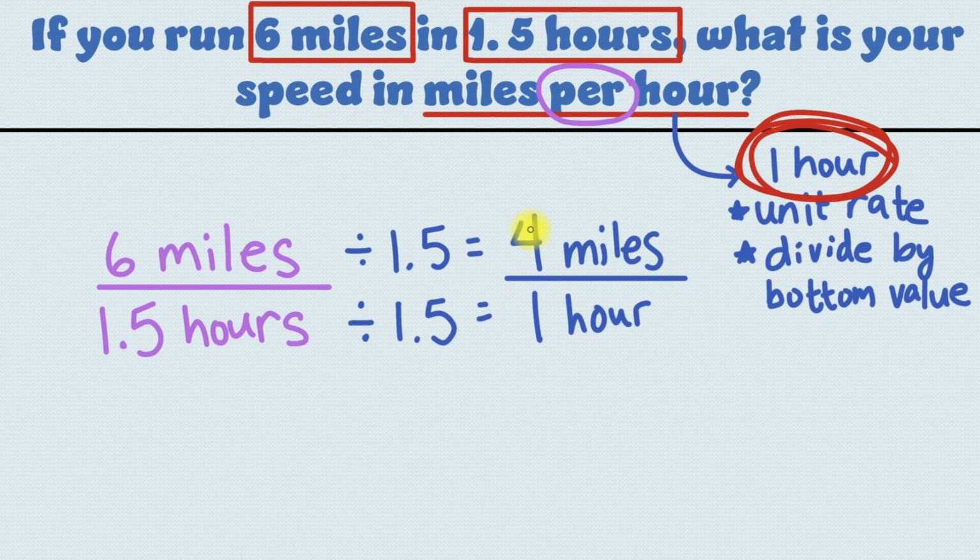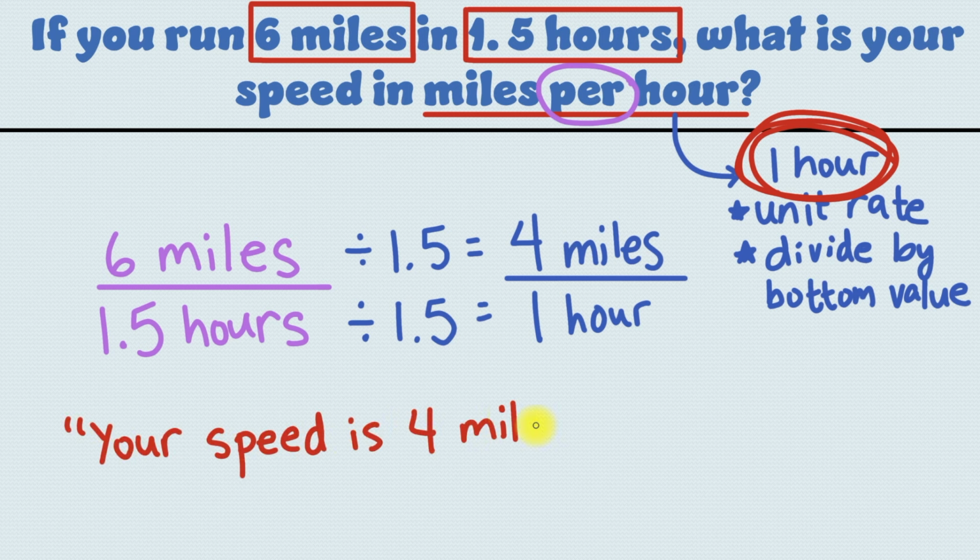And even though it's written 4 miles per every 1 hour, we normally just say it as 4 miles per hour. So let's take that and put it in a complete sentence. So remember, the question asked, what is your speed in miles per hour? So we directly answered that by saying, your speed is 4 miles per hour.